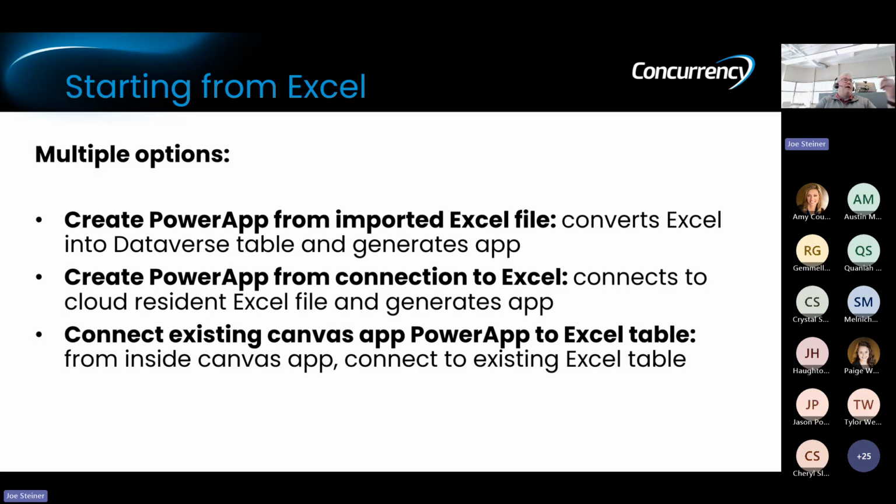So another option is I can take an existing Canvas app and connect that Canvas app to an Excel table, which will then bring those fields in and it'll understand, okay, I need to create the input fields for this table, and it'll give you some options as to how you want to format that. There's a couple of different design patterns that can be applied.